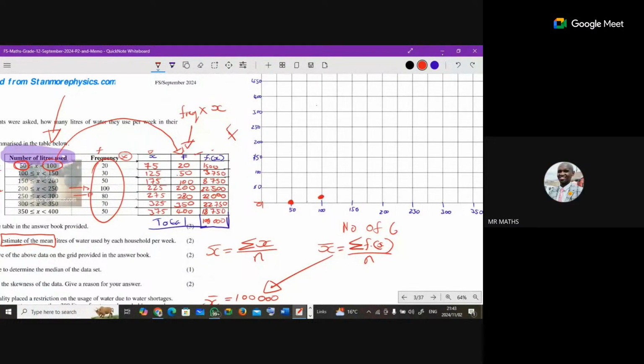Yes. Then again, xa ingu-150, 150 goes with 125. 125 has to be 100 here. So 125 phakathi naphakathi between 150 no 100. Then xa ingu-200, 200 uhamba nabani? No 100, right?